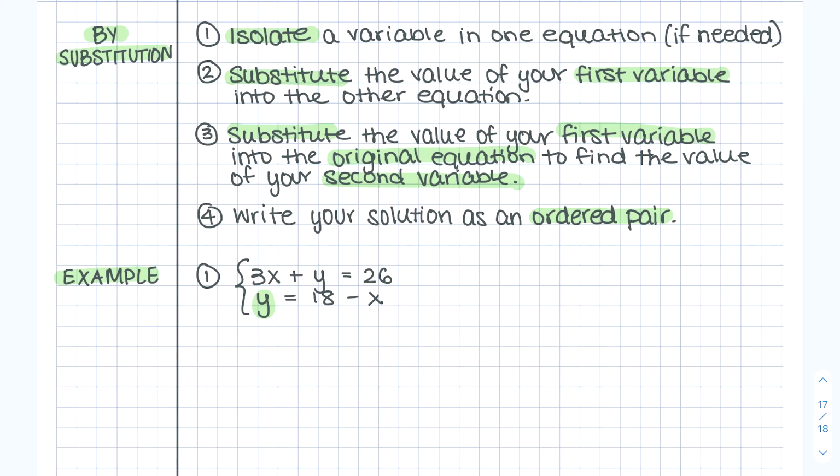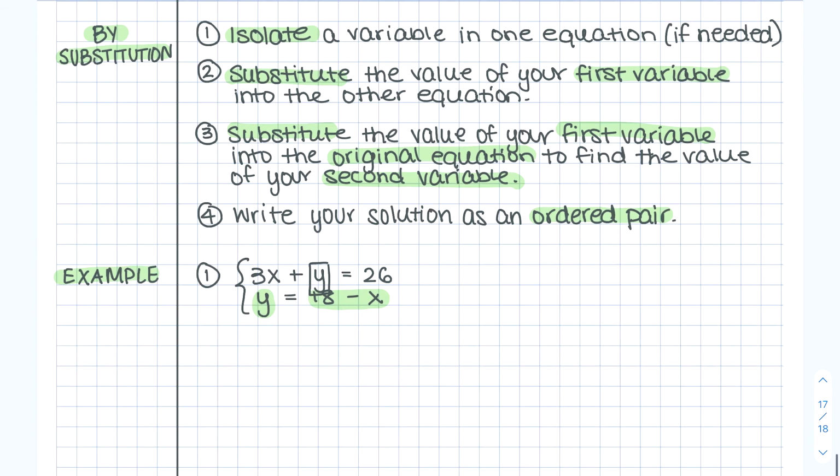So my second step is I need to substitute the value of y. So y is equal to 18 minus x. And I need to take that 18 minus x and replace it wherever I see a y in the first equation, which is right there. So let me show you what I mean.